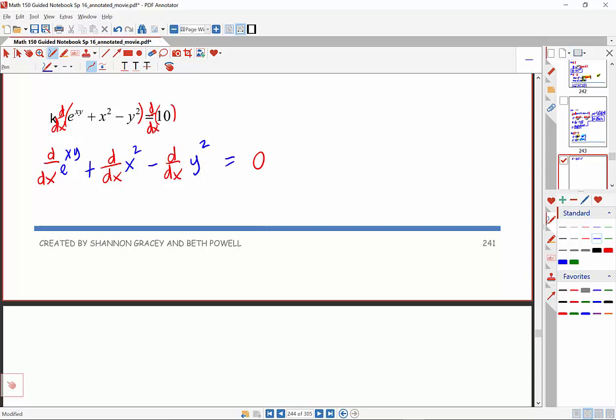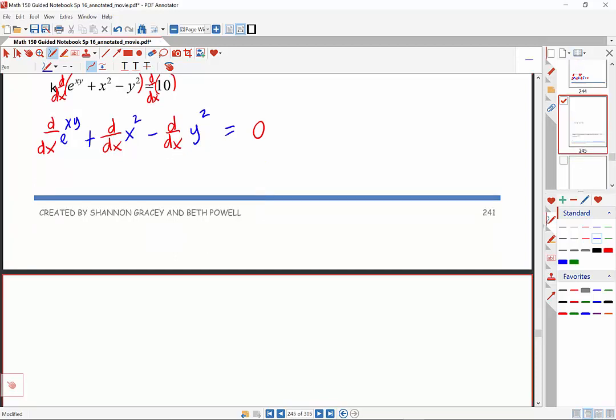Just make sure you're being careful, following all the steps. So here we go. The derivative with respect to x of e to the xy is going to be e to the xy times the derivative with respect to x of the power x times y.